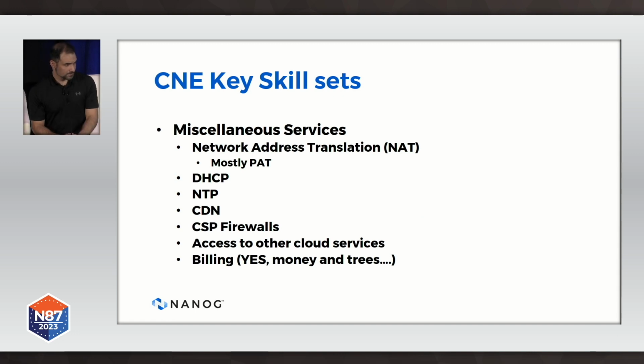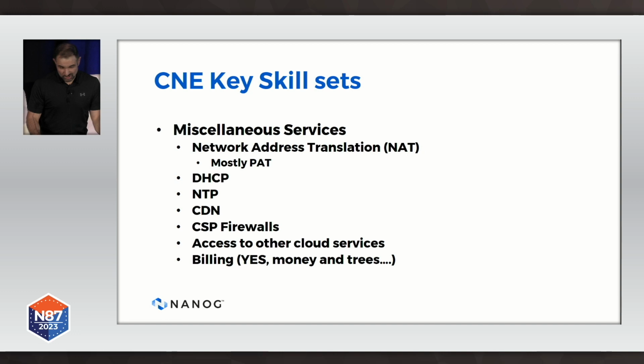Some other services, not as big as the previous ones that we talked about. We talked about routing, that's a big one. We talked about encryption, again, not a big one. Network load balancers and DNS, these are all big ones. And appliances, of course. But these are all smaller services that as a CNE you need to know to be successful in that position and to be successful when you're interviewing for those roles.